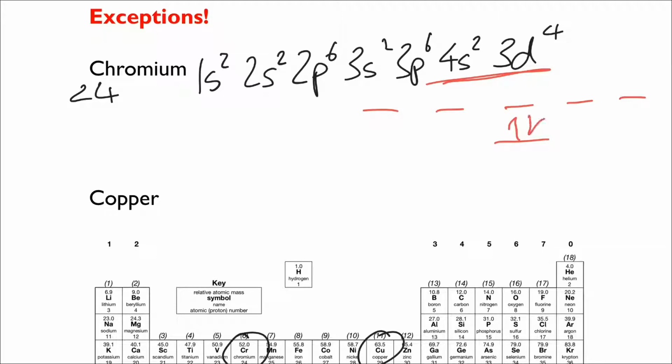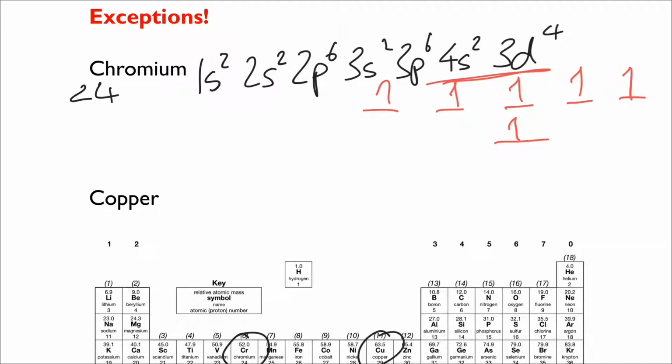If we were to draw out the electron configuration like this, we would see that the 2 electrons in the 4s subshell here are paired, and the 4 electrons in the 3d subshell are all unpaired like this. The electrons will always rearrange themselves to be more stable. So one of the 4s electrons will rearrange itself because it's more stable to have all the electrons unpaired.